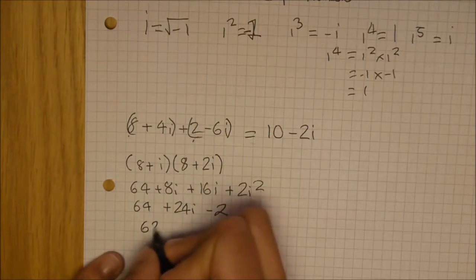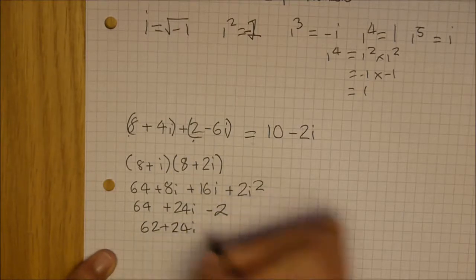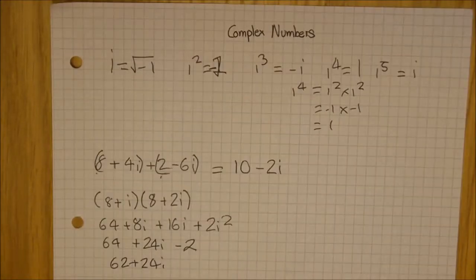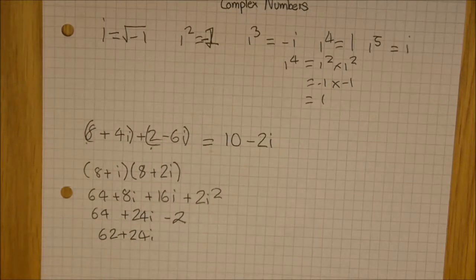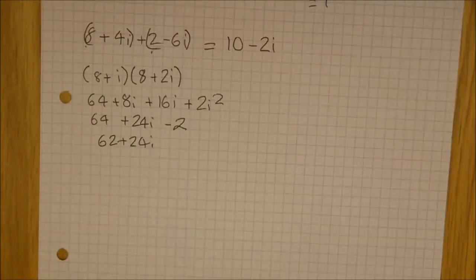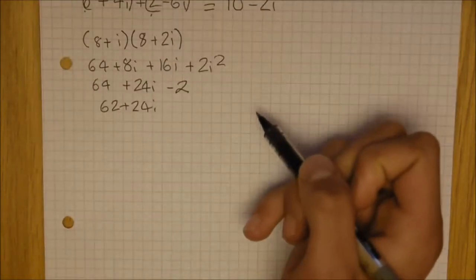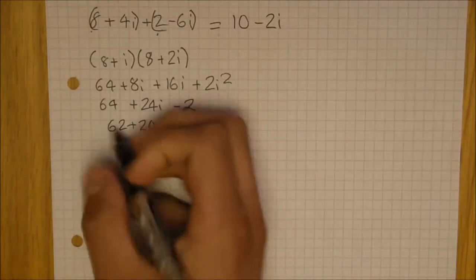So we're going to have 62 plus 24i. As you can see, all we've done is expand outwards. Now if you've got a posh graphical calculator, which may or may not be made by Casio in particular, you can do this on your calculator and it will save you a bit of time in your exams, especially if you're sitting FP1 again.